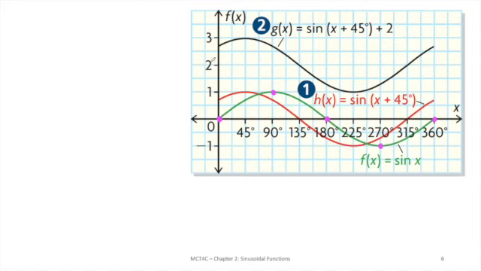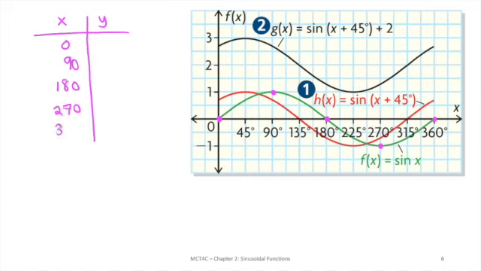If this looks chaotic to you, I'm going to show you that table of values to help it make more sense. Again, 0, 90, 180, 270, 360, and 0, 1, 0, -1, 0. Let's start.